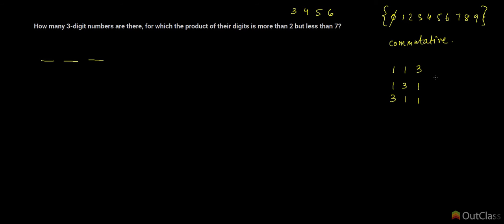For all these cases, the product is 1 into 1 into 3, or 1 into 3 into 1, or 3 into 1 into 1. They're all going to be 3. So the thing to do here is to find valid selections, and then all permutations of those valid selections are valid.